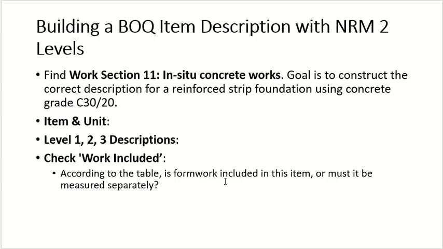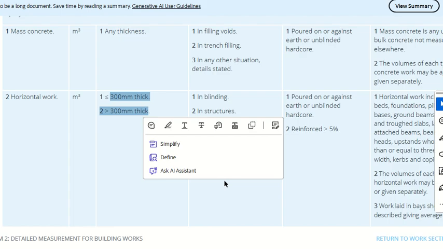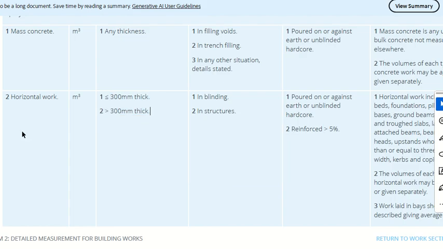Then, if we have agreed on these things, let us see if according to the table the formwork is included in this item or must be measured separately. When I am measuring this item, does it include formwork or should I measure it separately?